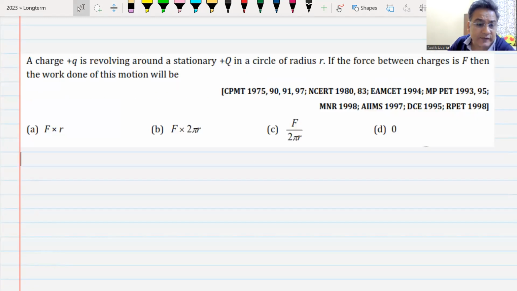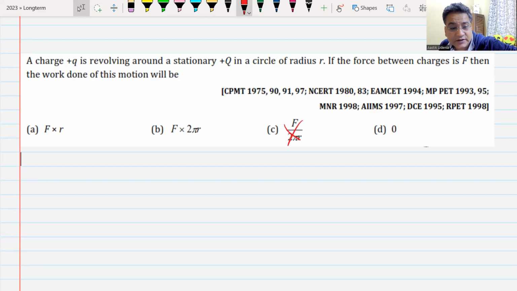A charge q is revolving around a stationary charge capital Q in a circle of radius r. If the force between the charges is F, then the work done during the motion is how much? F into r, F into 2 pi r, F divided by 2 pi r. This is definitely 0 because this is not even of the same unit.